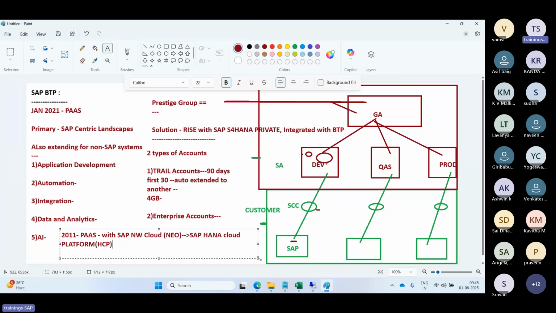Then after that they dropped the HANA word and named it SAP Cloud Platform. Maybe if you are aware of that time, SAP Cloud Platform, mobility platforms, then you are aware of this.